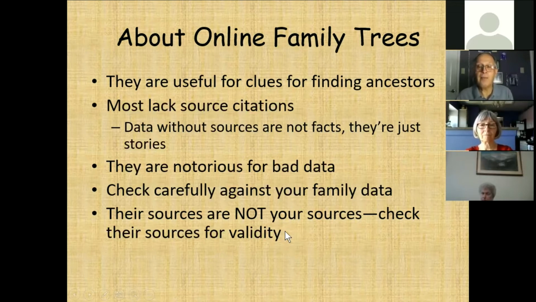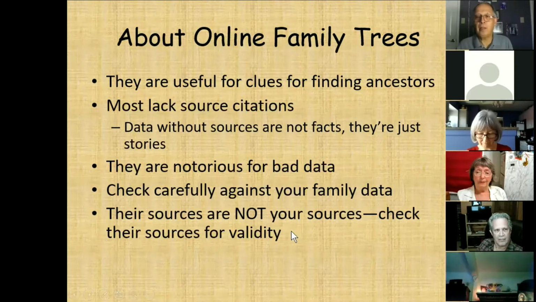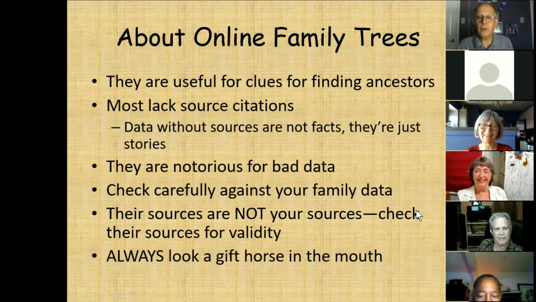And they even had a possible date for marriage. And it was probably based on the age of the firstborn, which, as we all know, can happen anytime, even after marriage. So always look a gift horse in the mouth. If you have a really great looking family tree, that just means it's a promising lead to follow.